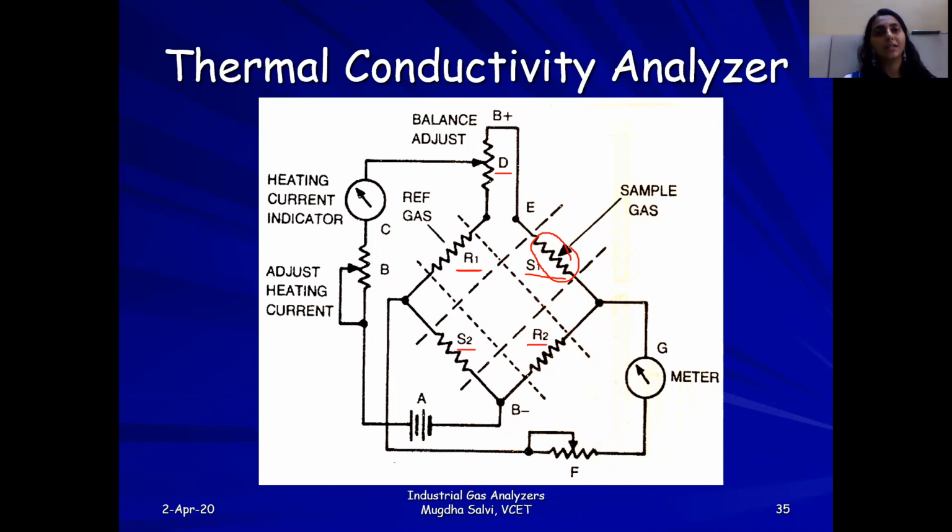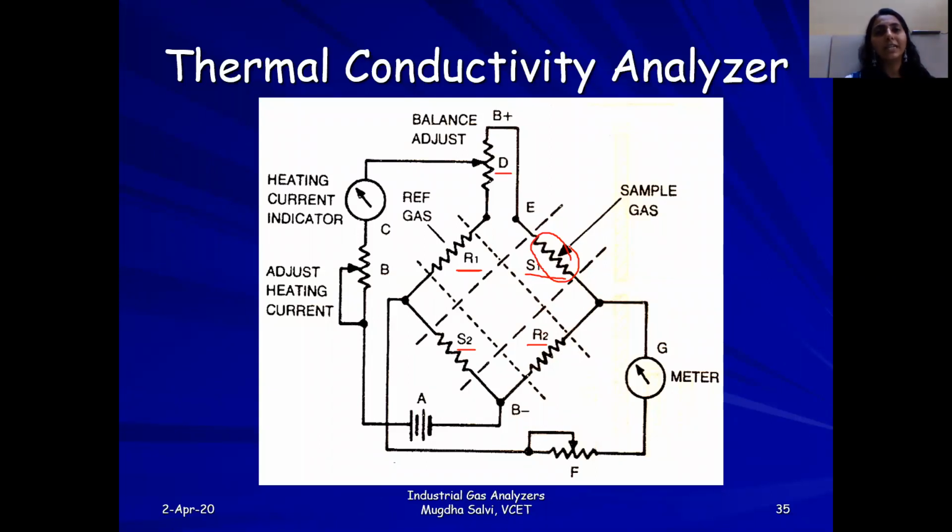So when it is different, obviously the resistance of this particular element will either drop or increase, changing the balance of the bridge. And this change in balance will directly be proportional to the amount of sample gas that is entering into the sample cell. This is the simple basic principle and basic operation of a thermal conductivity analyzer.